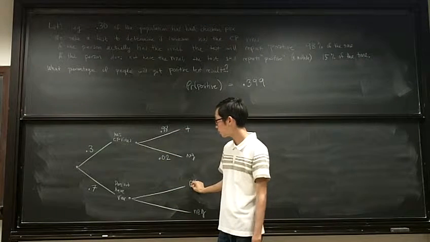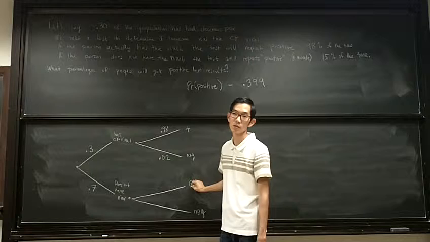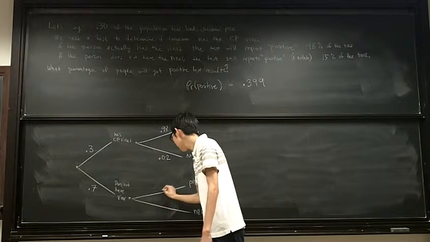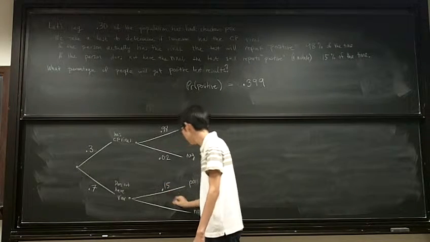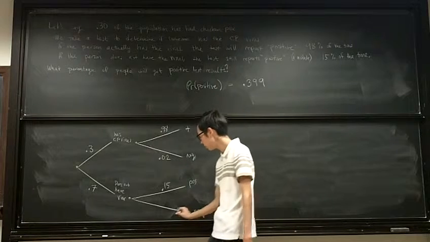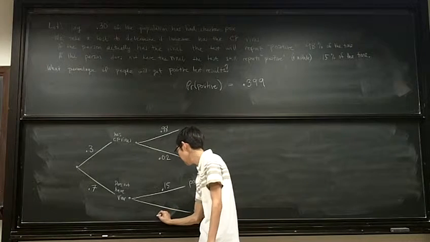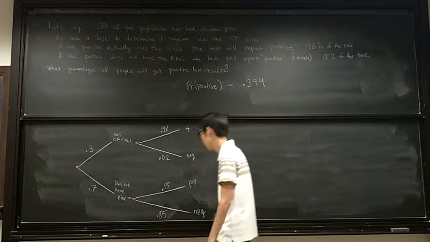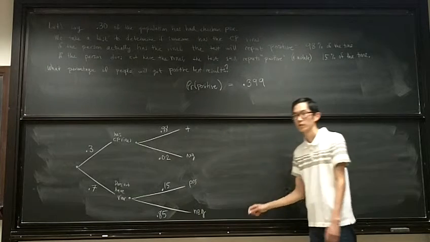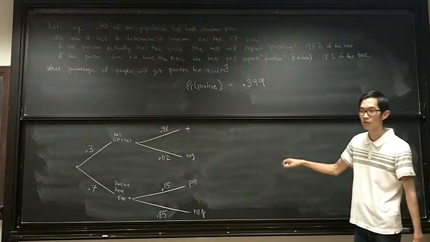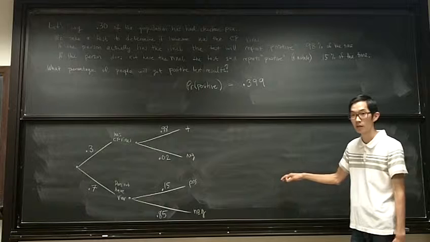And if they don't have the chickenpox virus, what's the probability that it's positive? 0.15. So these are all directly from my problem description. And this thing down here would be 0.85. Questions or confusion on anything here?